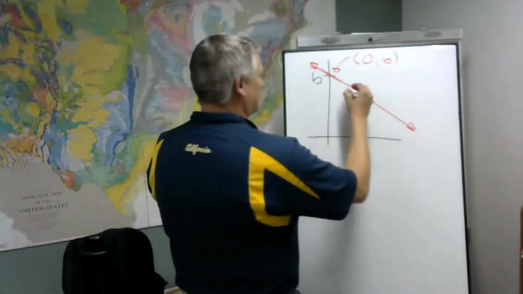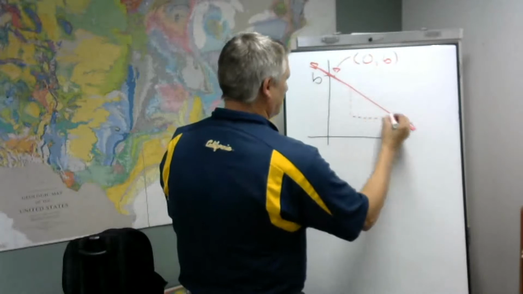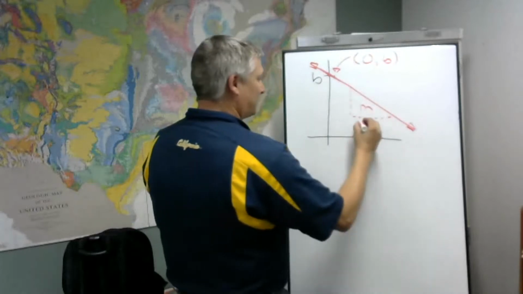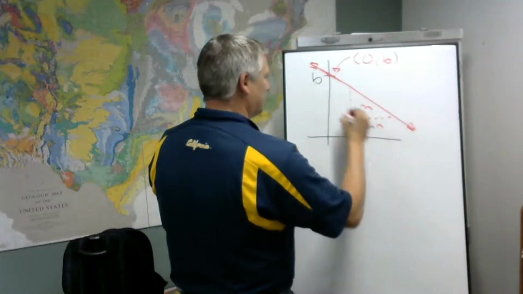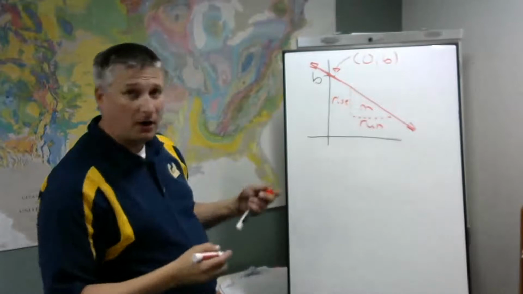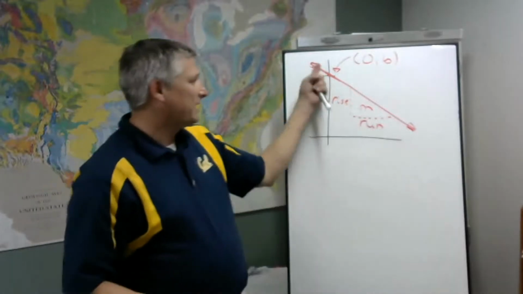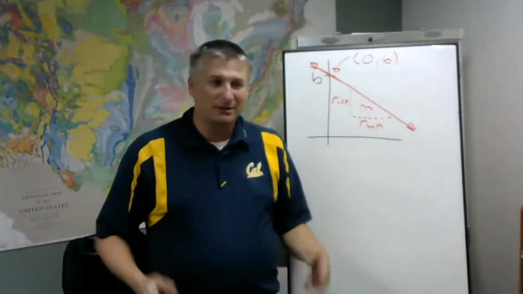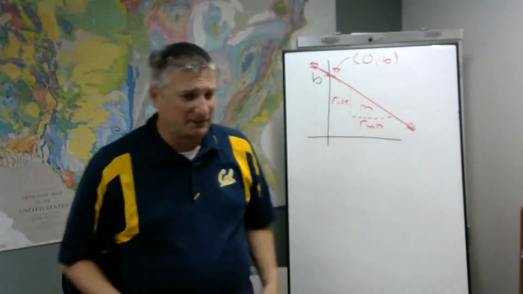And then let's say this has a slope of m with a run. And in this case, your rise is going to be negative. It's a fall. So whenever you have a line dropping, you have a negative rise. And again, that's the same as a fall.